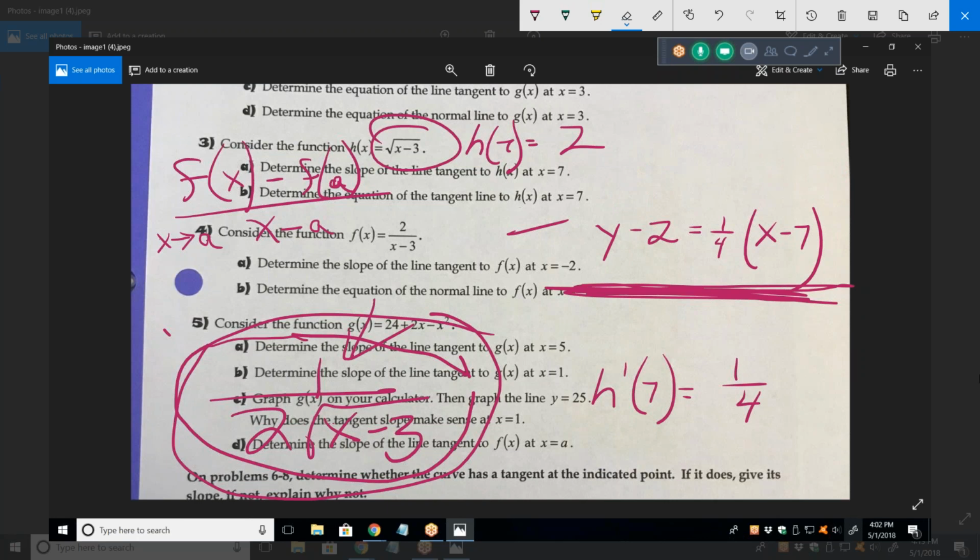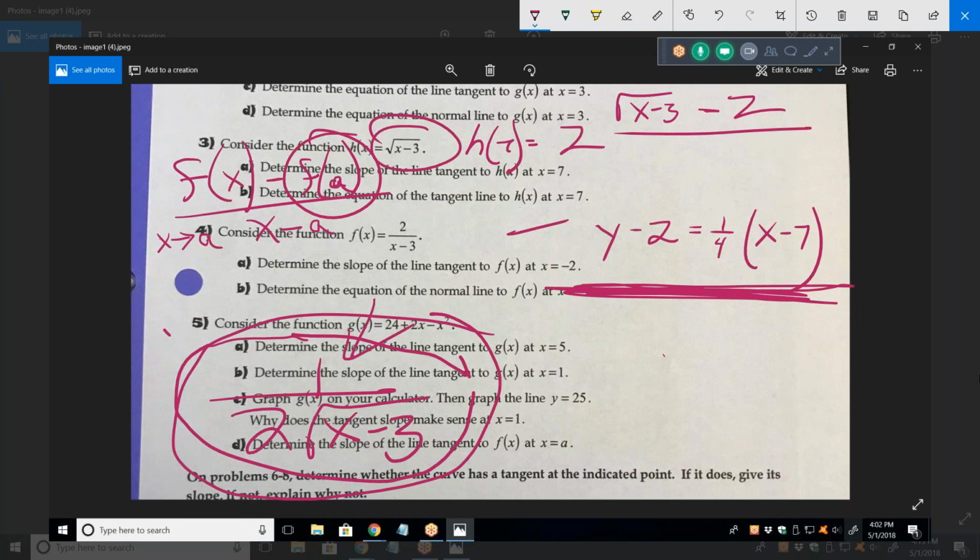We already figured out that, so I don't need it. I'm going to leave that function down there. So f of x is the square root of x minus 3, minus f of a. Well, that's f of 7, so that is 2, all over x minus 7. And I want the limit of this thing as x approaches 7.